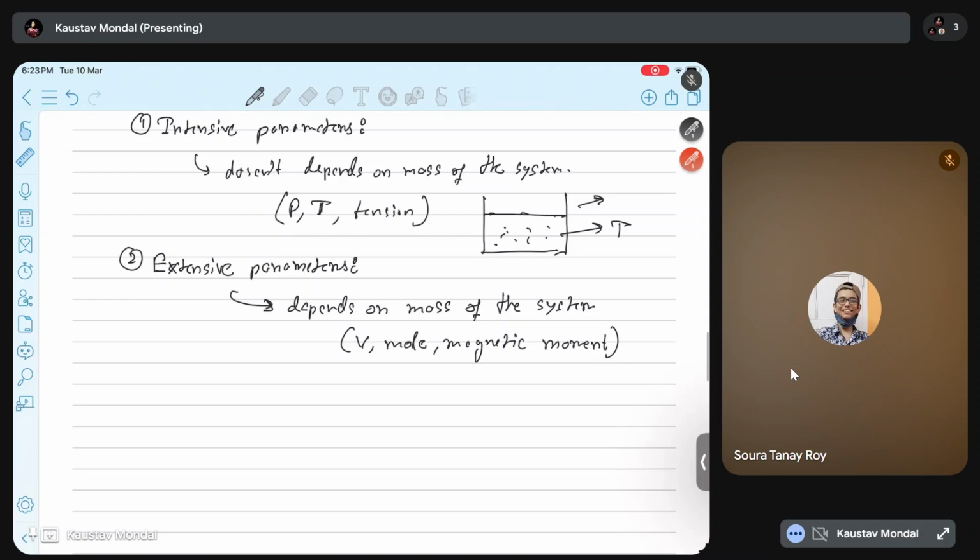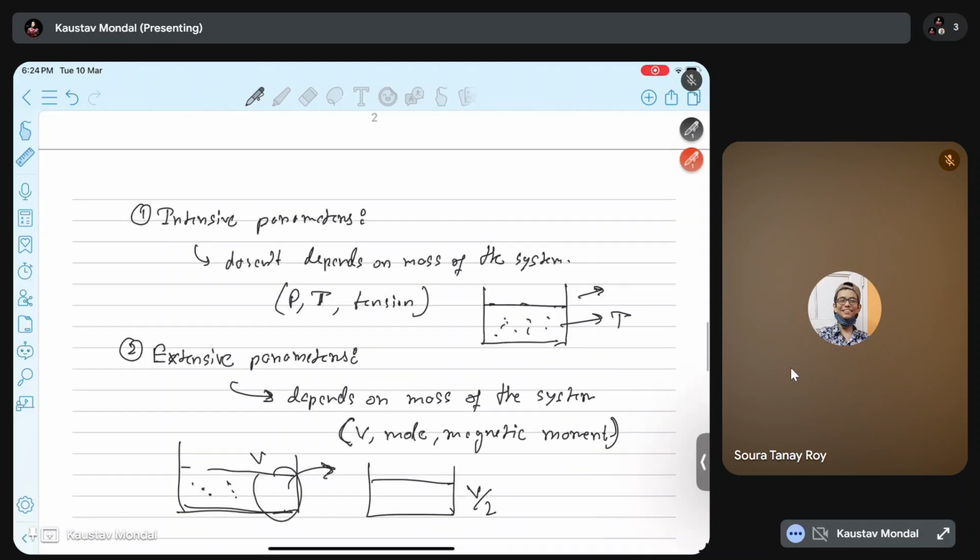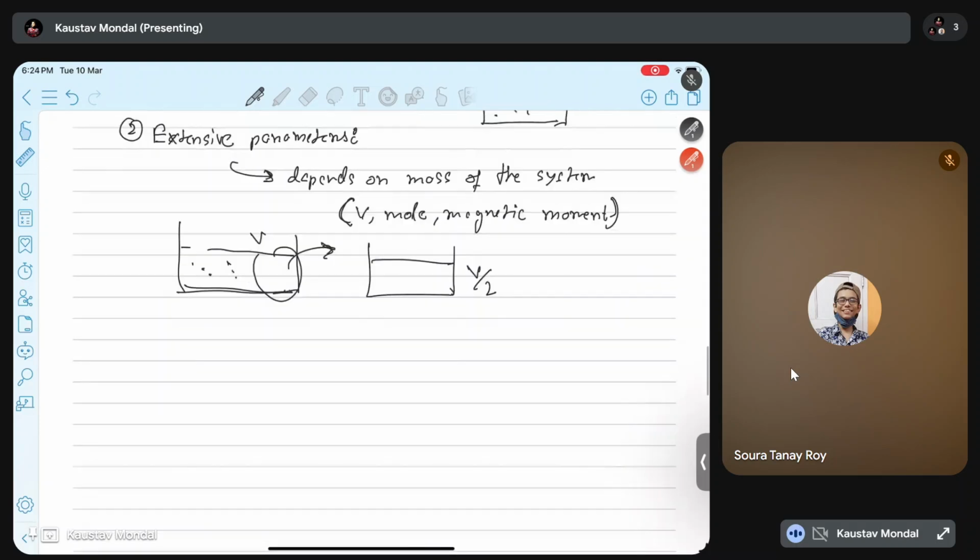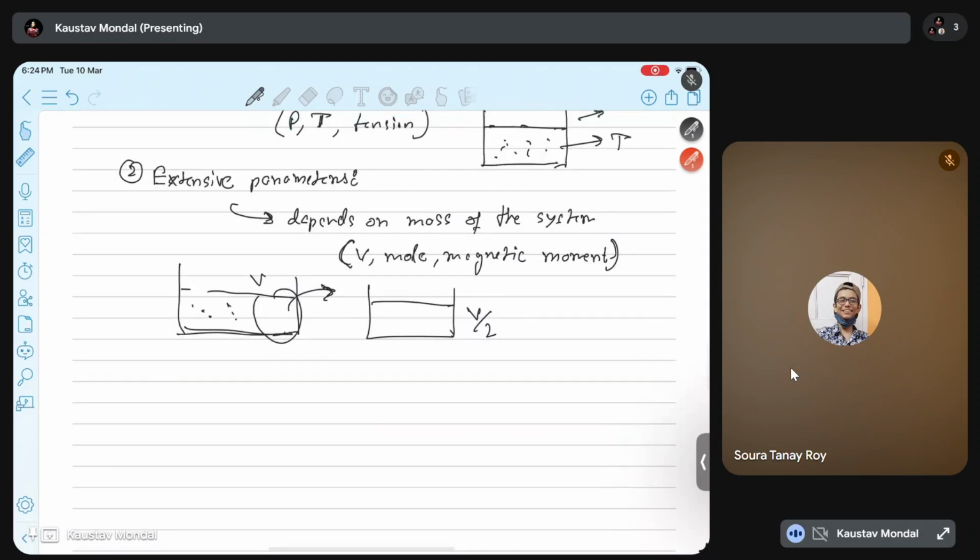From the definition itself you can easily relate. Suppose there is a gas with a certain volume V. If you remove half of the gas, the volume will become V by 2. So certainly it depends upon the mass of the system, and that's why it is known as an extensive parameter.